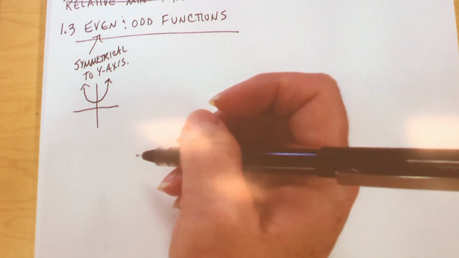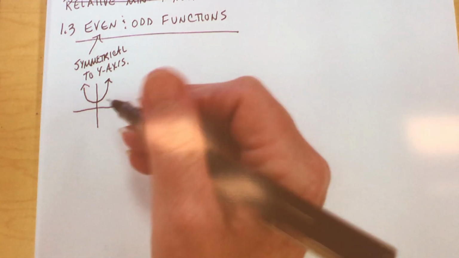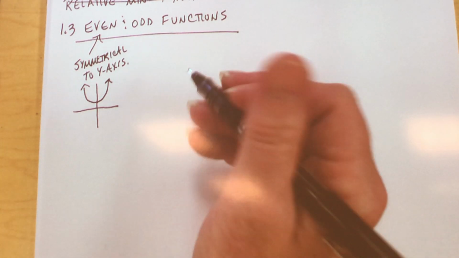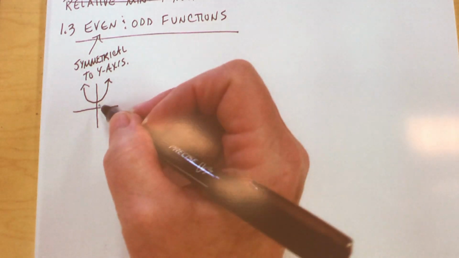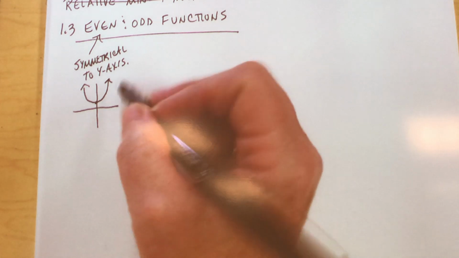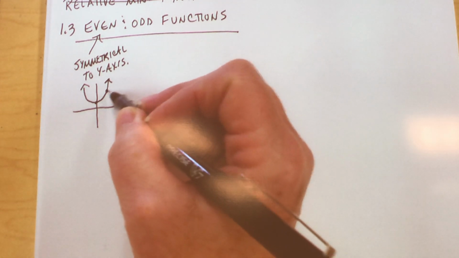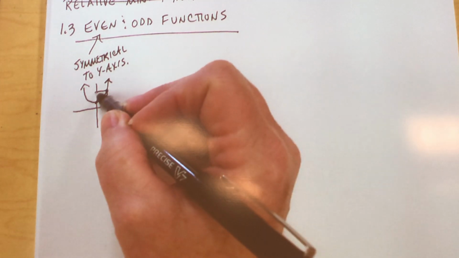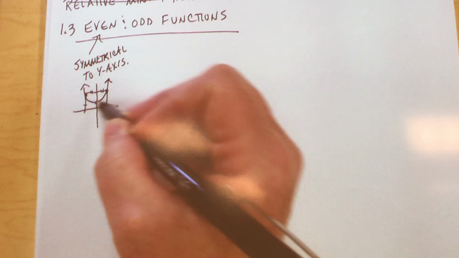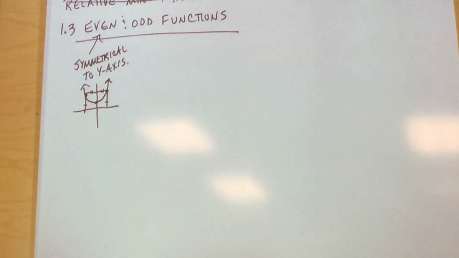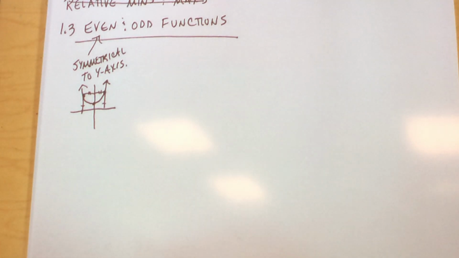He's an even function. Are all parabolas even functions? No, they're not. So don't go, oh, all parabolas. No, they're not. This one is, because this vertex is on the y-axis. So this point right here is just like this point right here. You see what I'm saying? That's symmetrical to the y-axis, even functions.